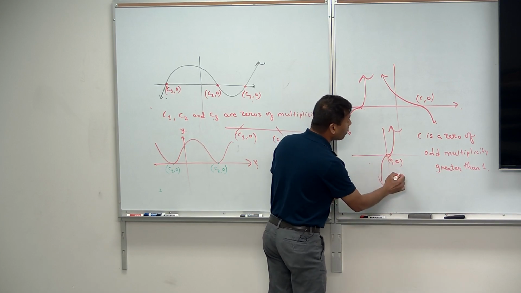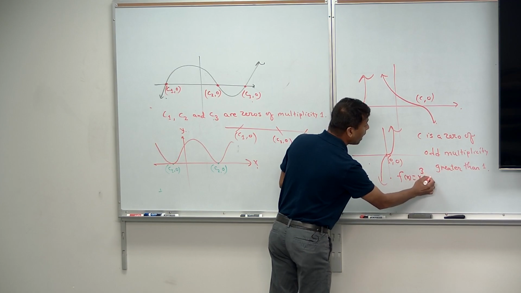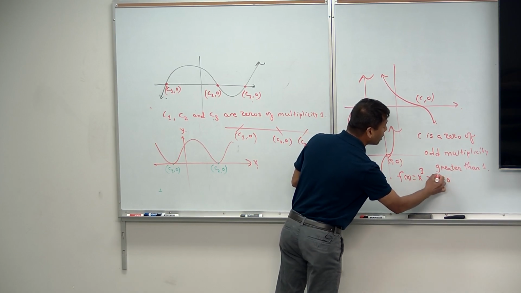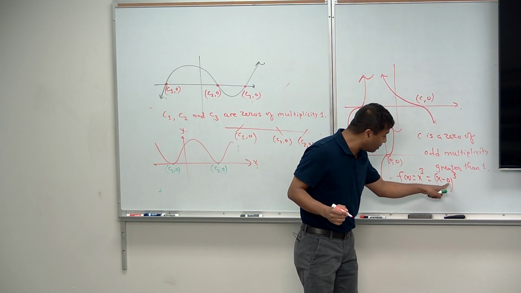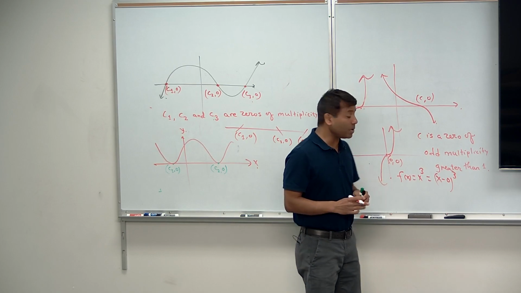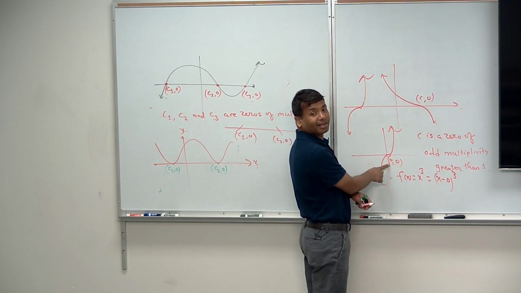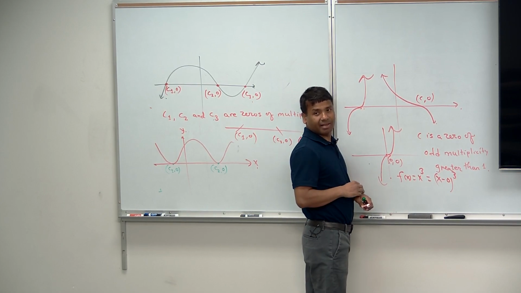So this is the graph of the function f(x) equal to what? x cubed. Is that right? And you can write this as (x minus 0) cubed. So how many times does this 0 occur? 3 times. So this 0 is a 0 of multiplicity 3. That makes sense?